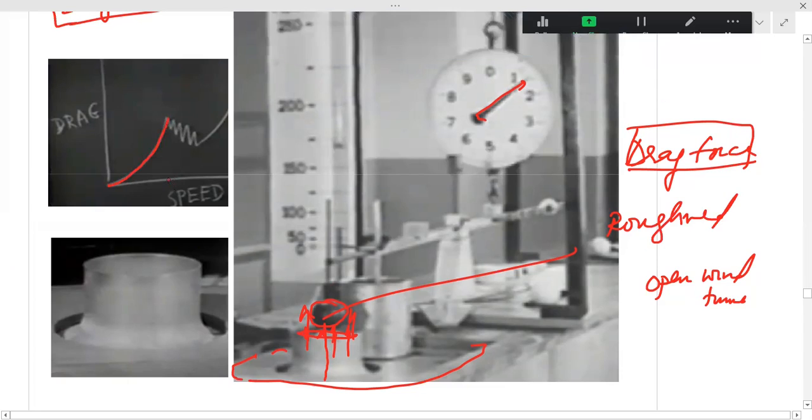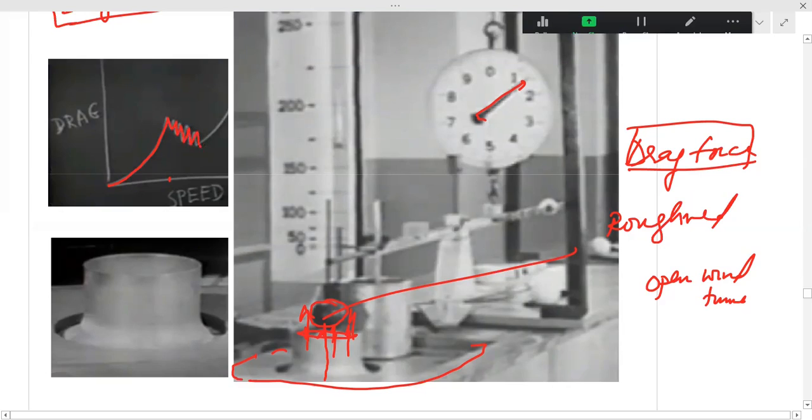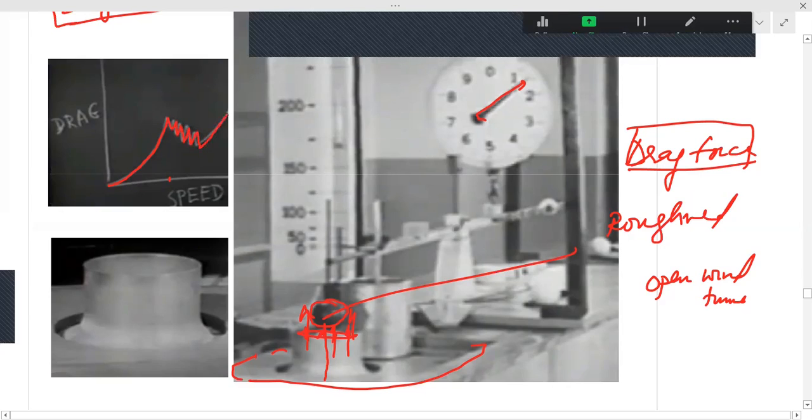After a certain speed is reached, the drag force does not increase further. Instead, it starts to decrease with a fluctuation, and then again it starts to increase.